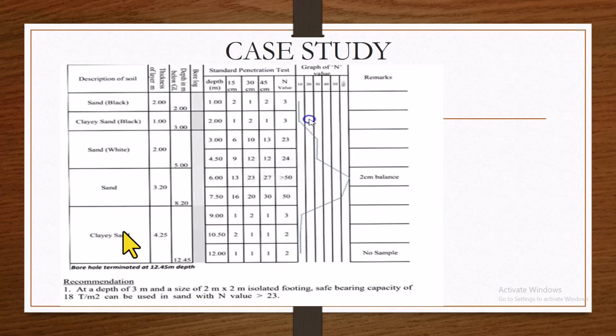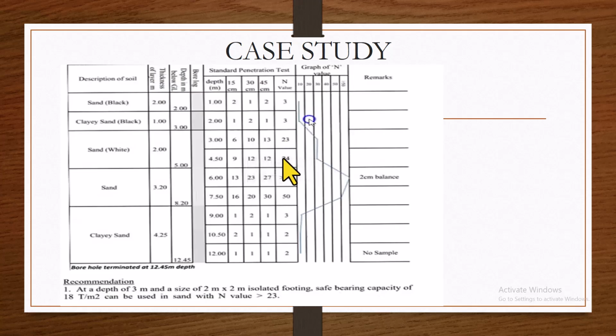When you look at the N value, you will see at this black sand, we have it to be 2, telling that it's a very weak soil. Then the one mixed with clay has 3, also a weak soil. But when we come to the white sand, we have N values of 23 and 24.